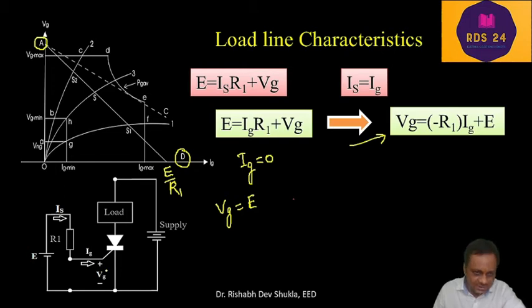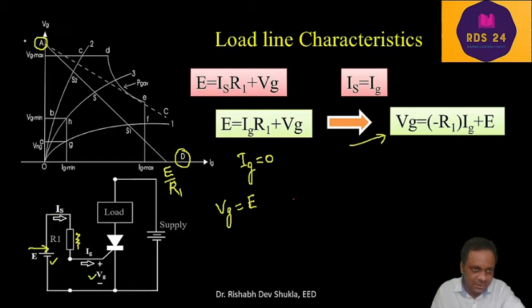And as you can see here, this Vg is lesser than E, because E is the source value, and we have some drop here because of resistance, and then we get the value of Vg. So this E will be on the y axis, but somewhat larger than the Vmax.